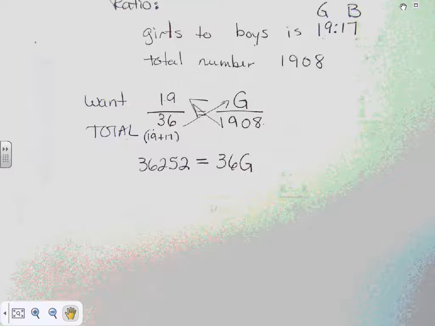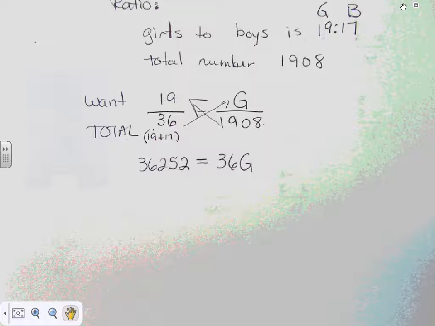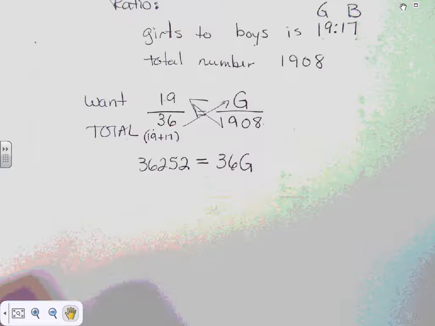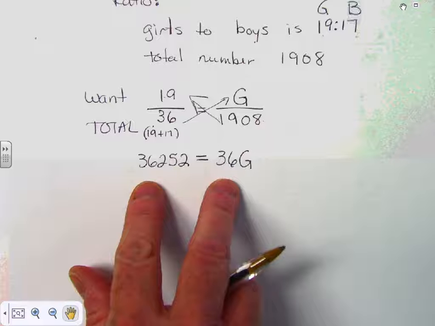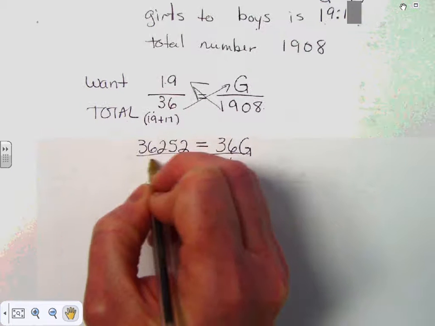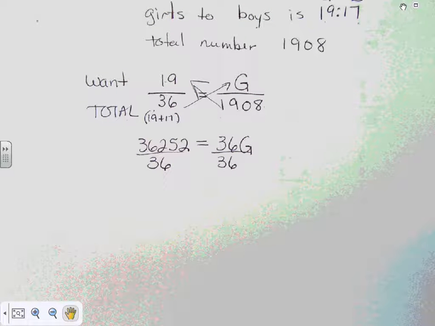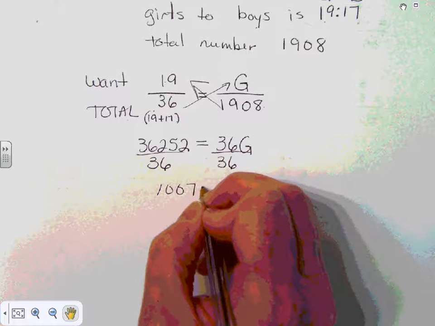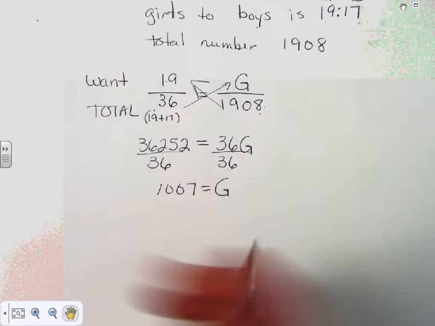You're kind of doing it up here a lot, but this is showing me work, so as long as you understand what you're doing, I'm cool. Okay. Divide both sides by the 36. So there are evidently 1,007 girls out of the 1,900 kids, right?